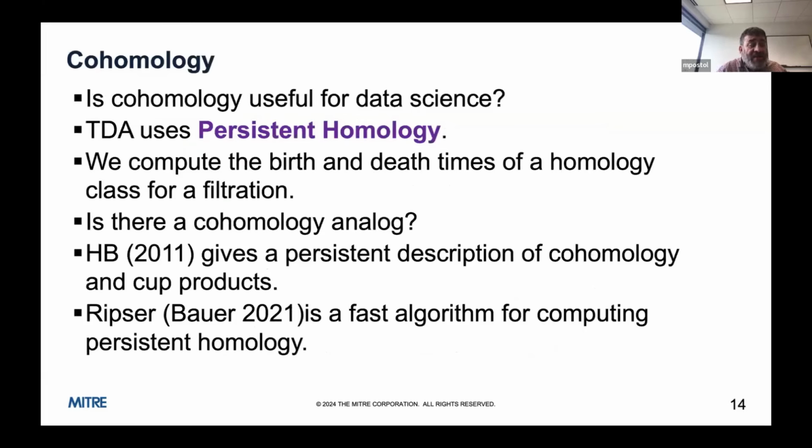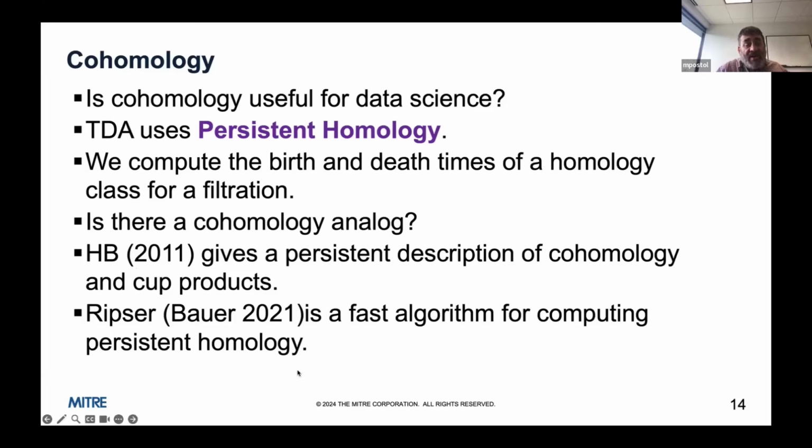All right, what about usefulness? Can you use cohomology for data science? Yeah, first of all, TDA now uses persistent homology, so is there a cohomology analog? And yeah, there are various versions. I mentioned Aubrey HB's thesis from 2001, because its main topic is a persistent description of Steenrod squares.